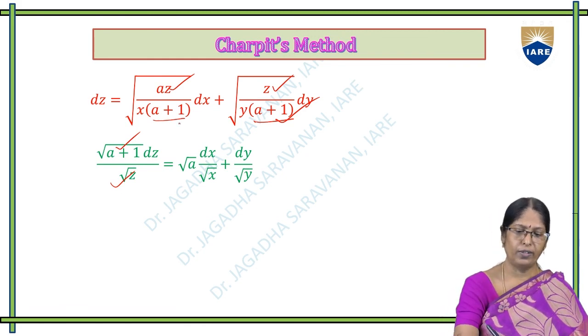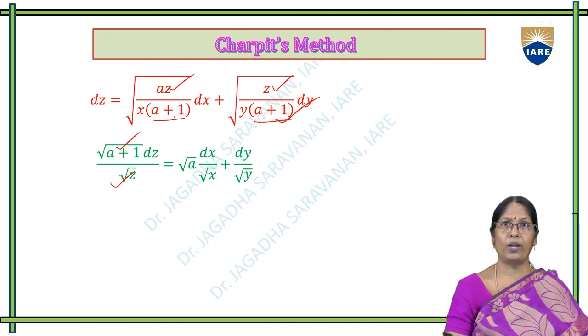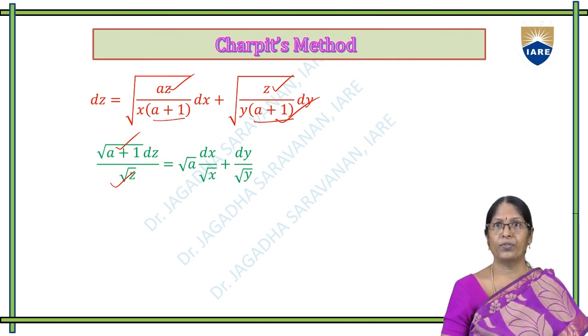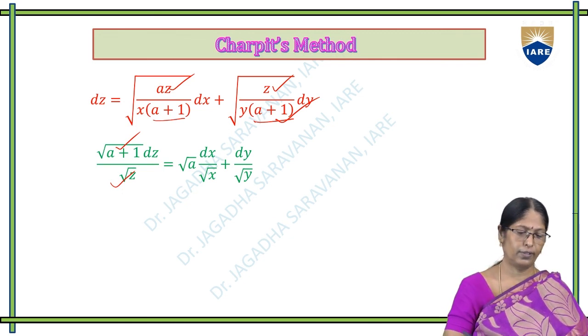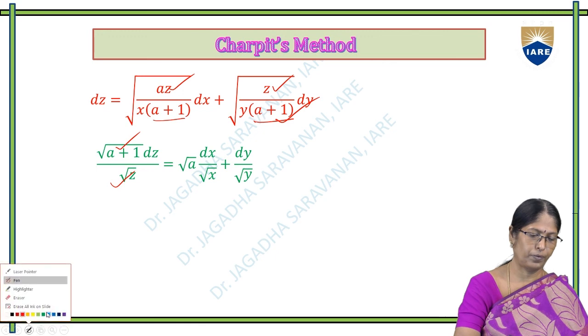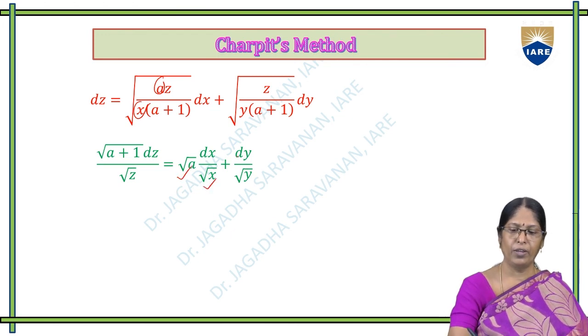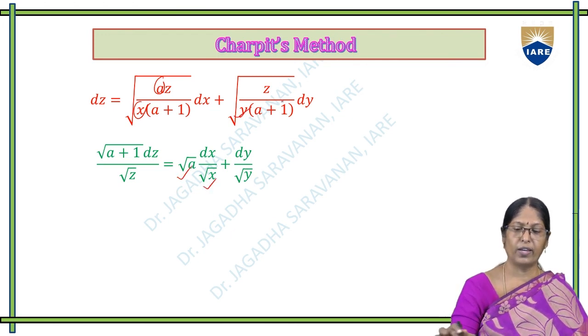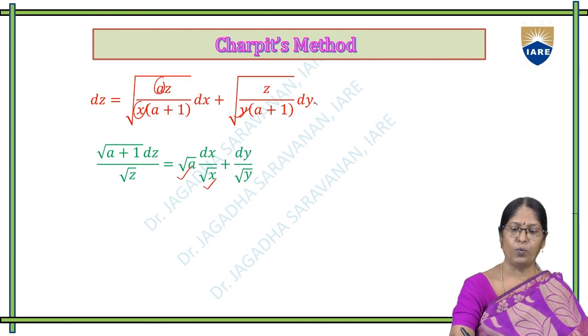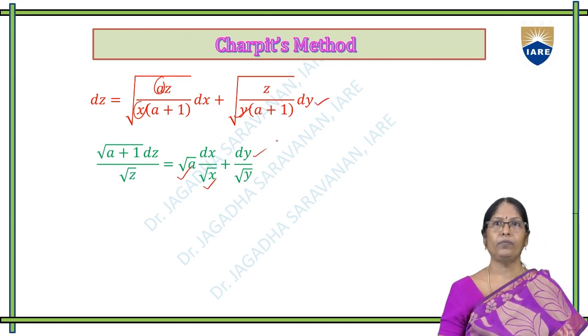So z divided by a plus 1 we push to the left side. The leftover is here a and x, that's what here is root a, root x. Here also y is there leftover and dy is written.